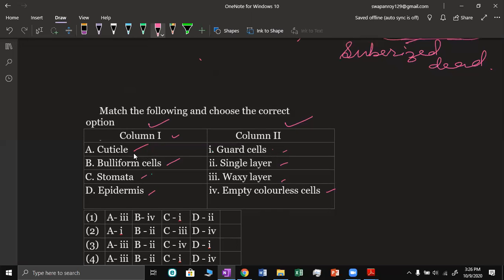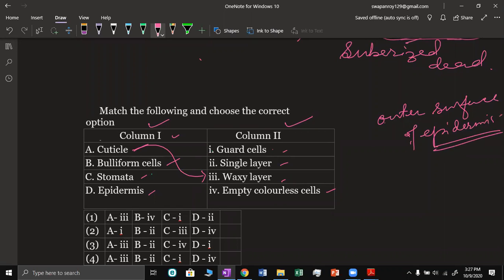Cuticle. The cuticle is present on the outer surface of the epidermis of all the aerial parts of the plant.